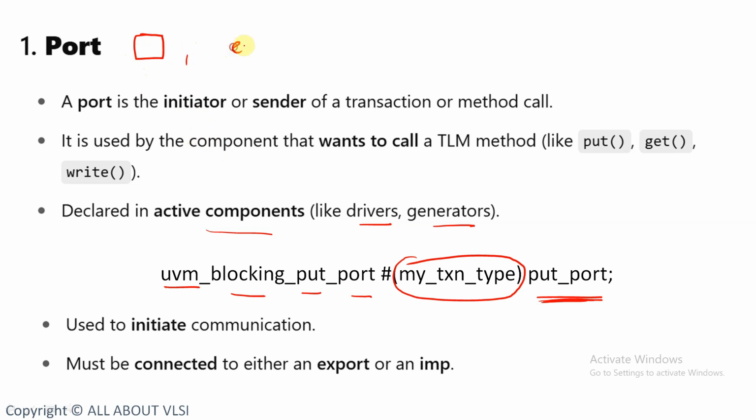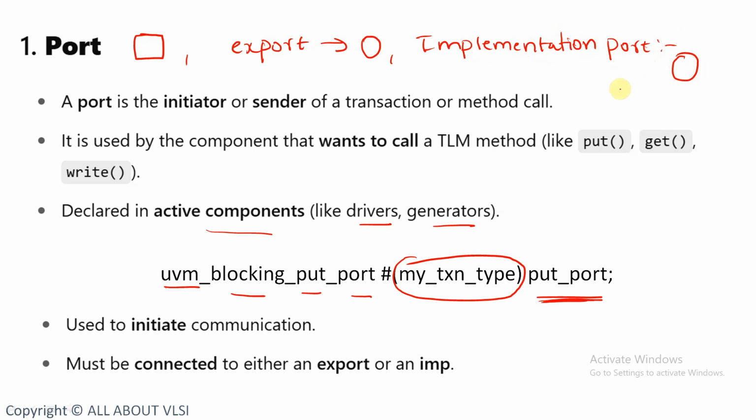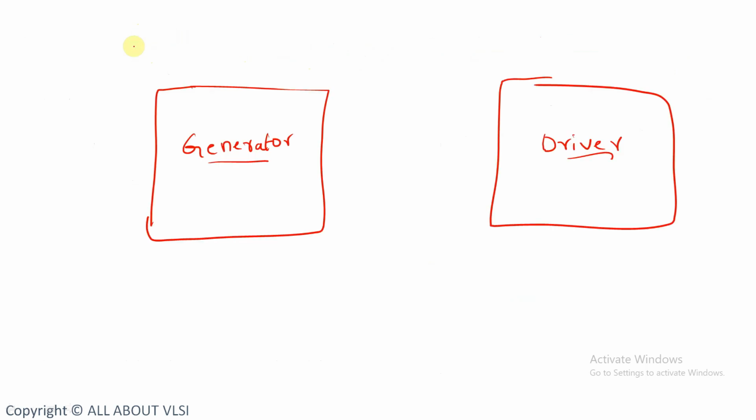We have one more thing known as export, which is represented by a circle, and another is the implementation port, which is also represented with a circle. So these are the symbols which I'm going to use.